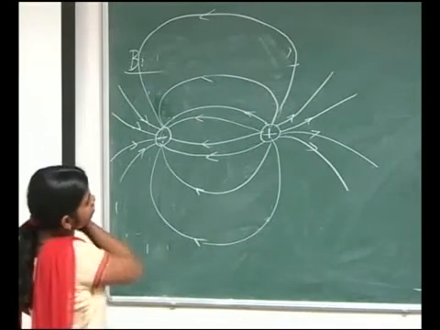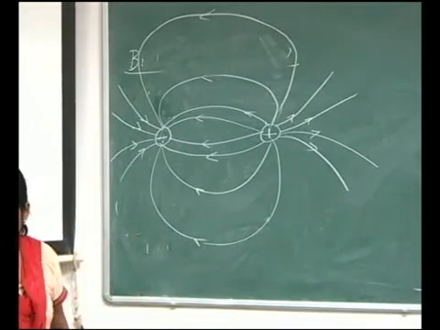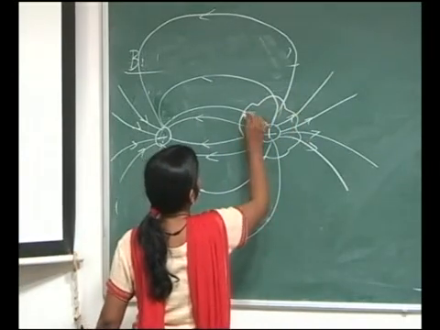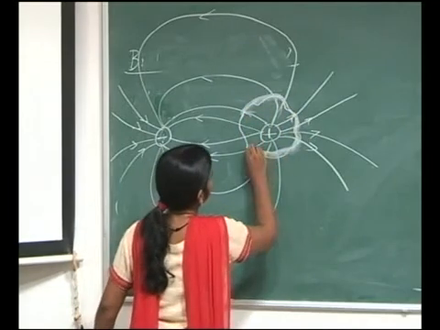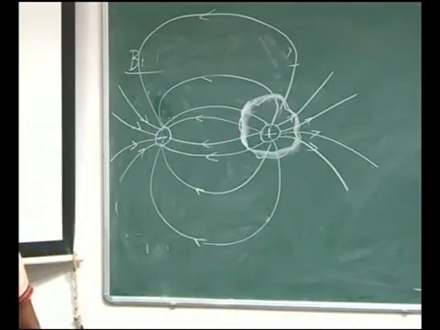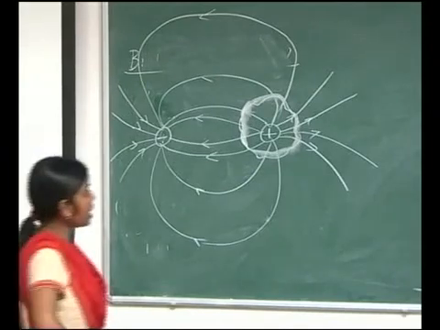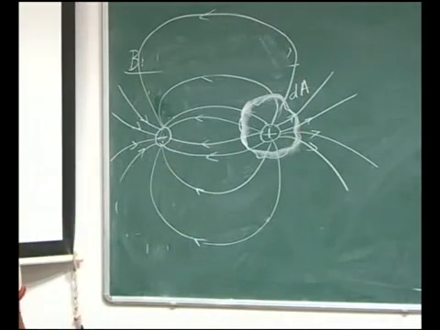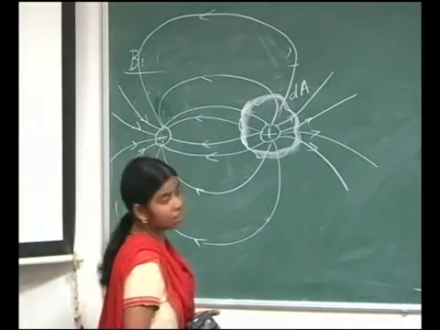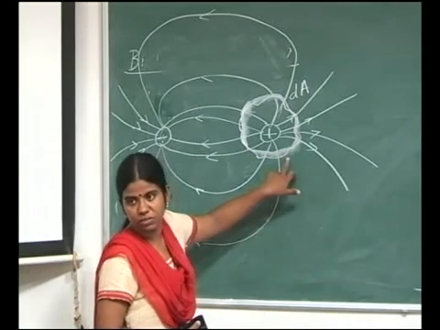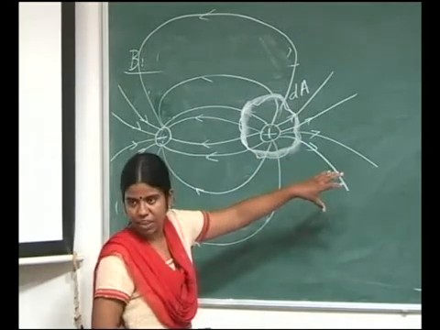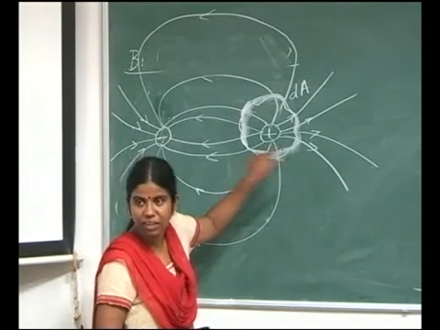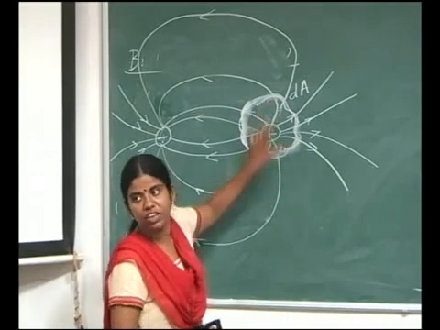Now, if I draw an arbitrary surface here, this is my arbitrary surface with some area, say dA, okay, then the closed surface integral of electric flux coming out of this surface is never 0.